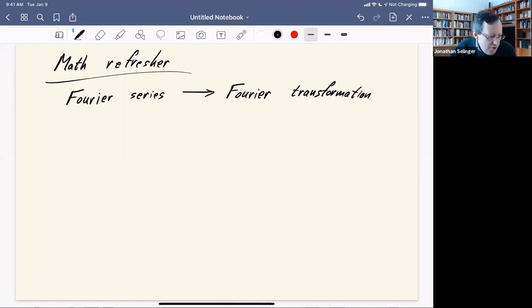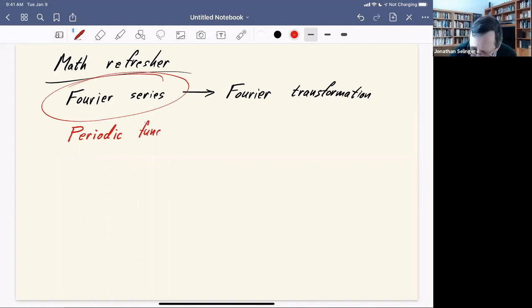So let's say we're starting with the concept of a Fourier series. I told you earlier in the semester that a Fourier series is good for a periodic function with some periodicity lambda.